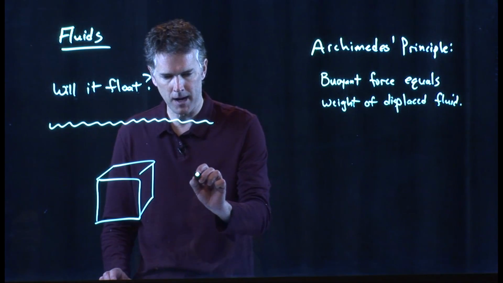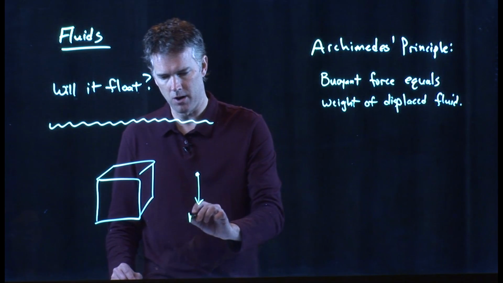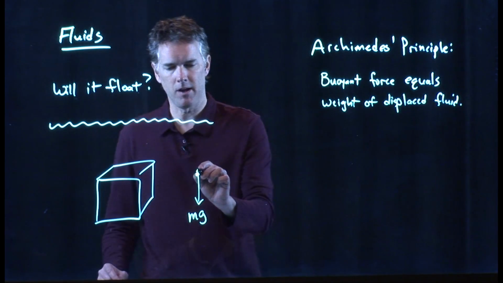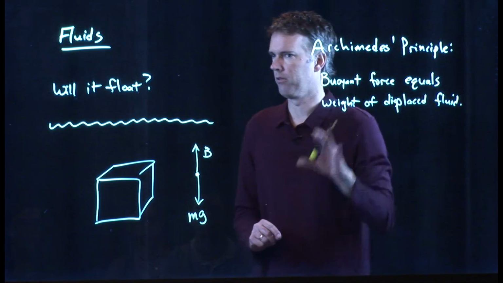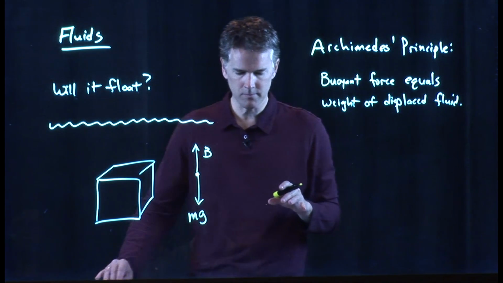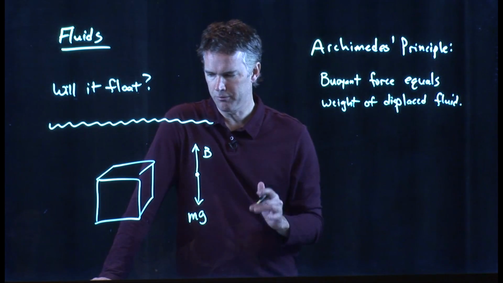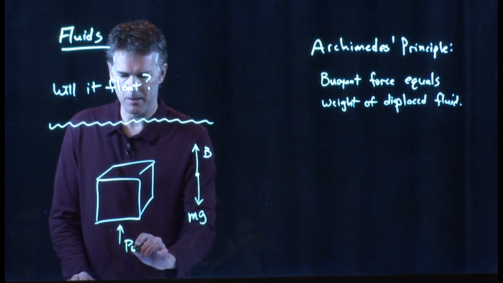So let's draw the free body diagram for this thing. There's always gravity here on Earth acting down, but now we have a buoyant force B going up. This is the buoyant force that Archimedes was talking about. All right. What can we say about this stuff? Well, we know there's pressure here. There's some pressure on the bottom of the box.